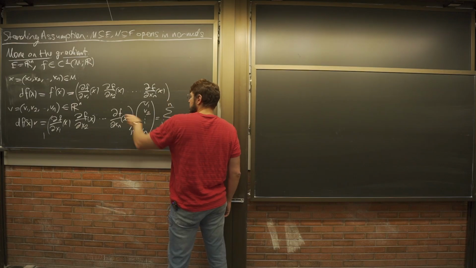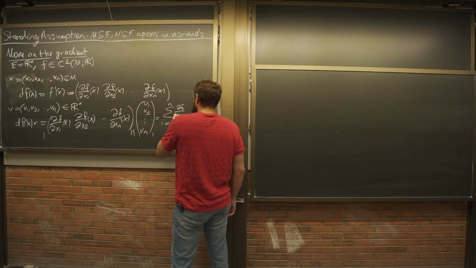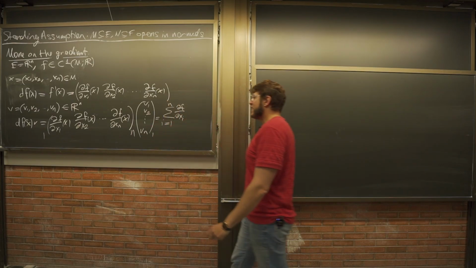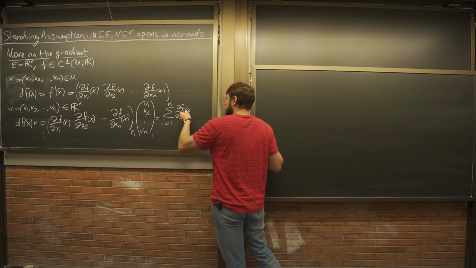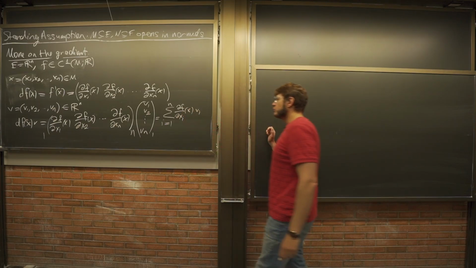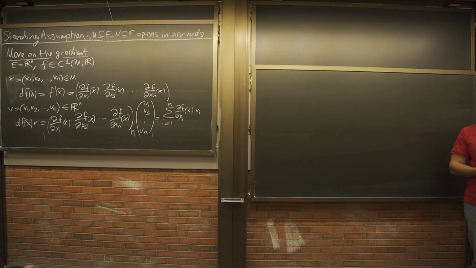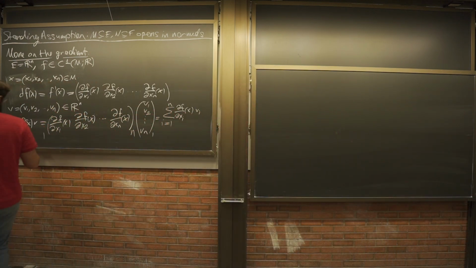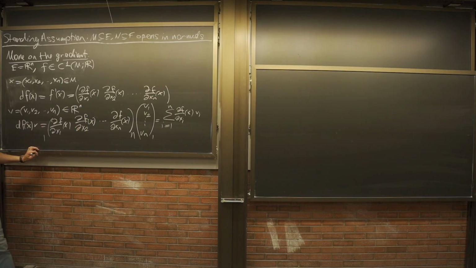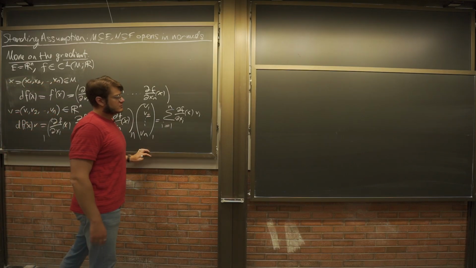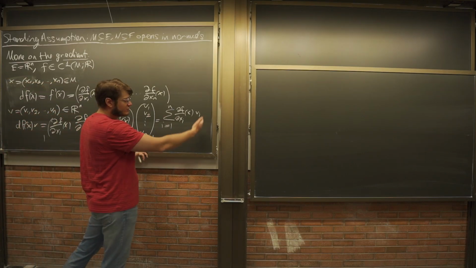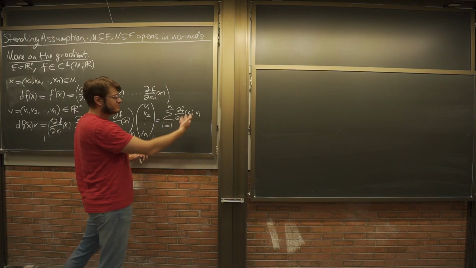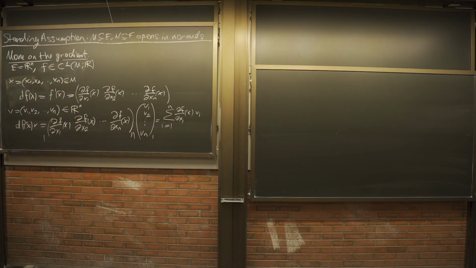I from 1 to n, the ith partial of f evaluated at the point x multiplied by the ith component. Okay. So this is how you would write things down in terms of components. But remember, even in week 1 or 2, we had this issue. Once you open up linear algebra, it turns into a bunch of summations of numbers, and then you have to do some sort of index management.